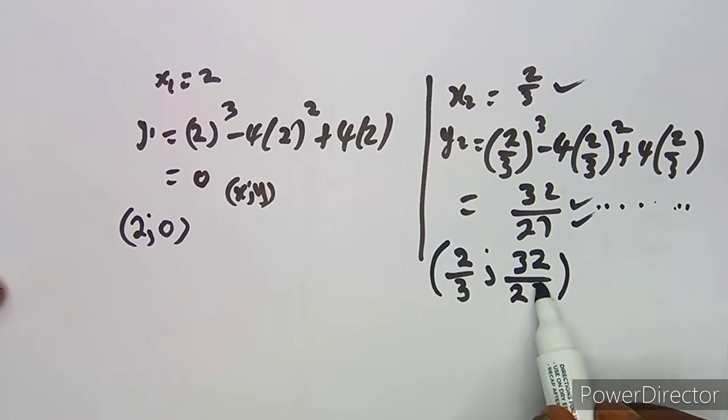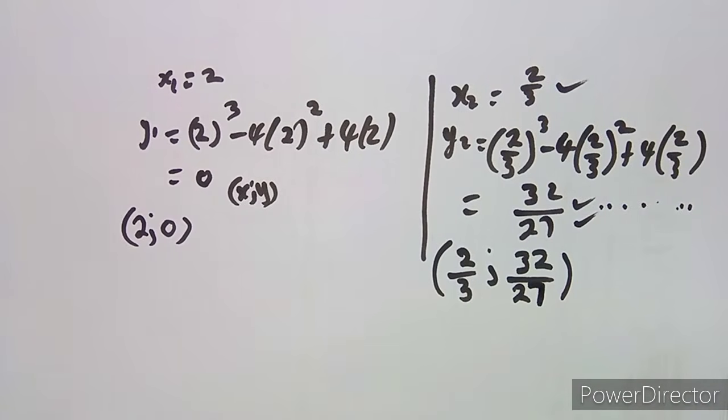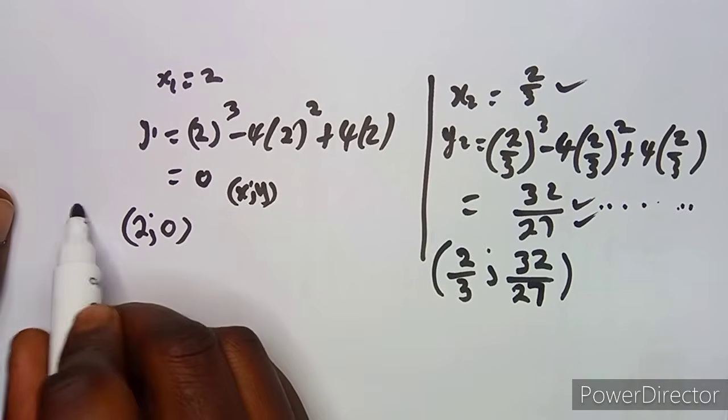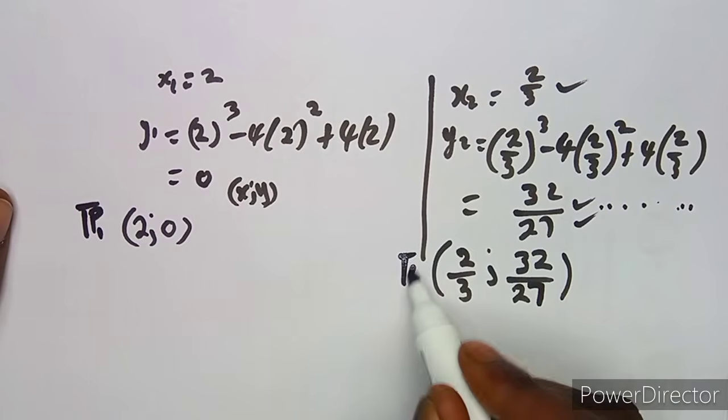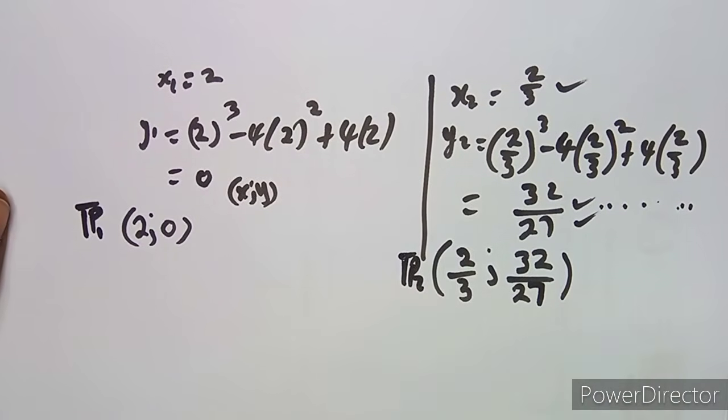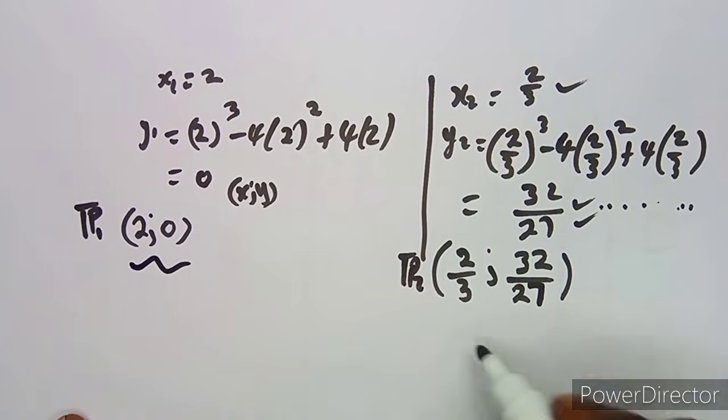All right. So my main focus here is knowing our turning points, because this is the first turning point and this is the second turning point. So now the question is, we are supposed to distinguish these two turning points.